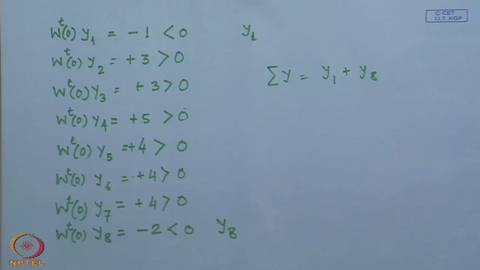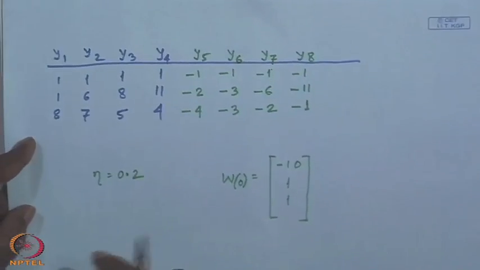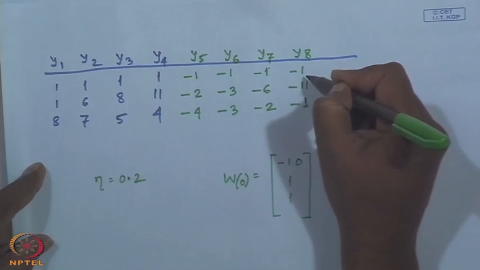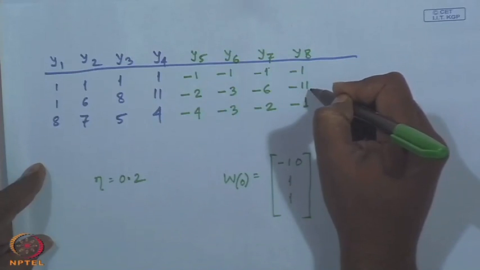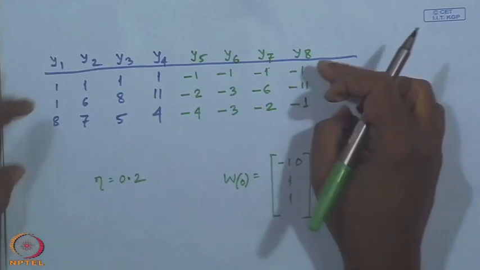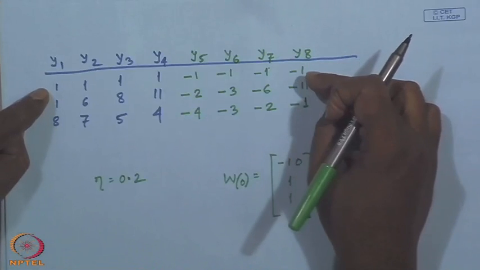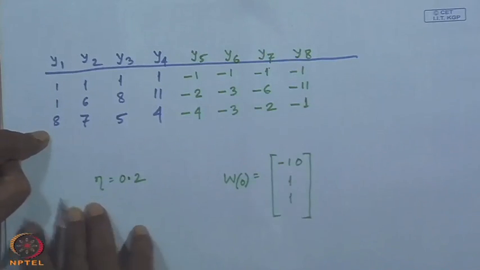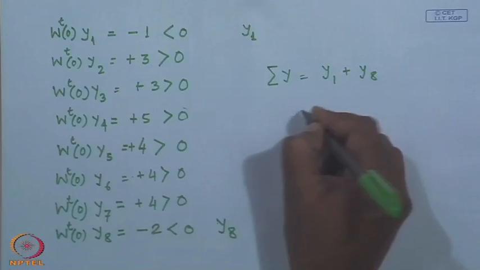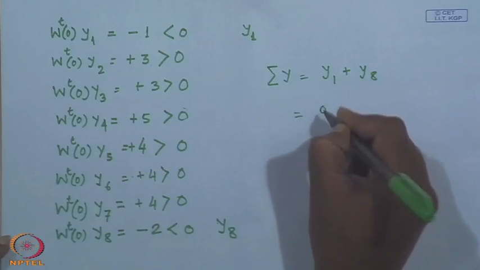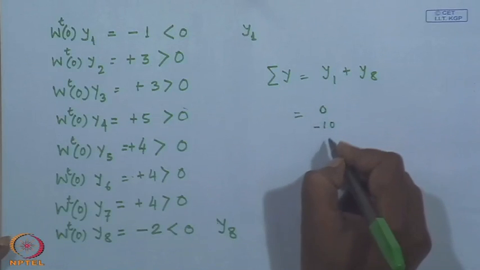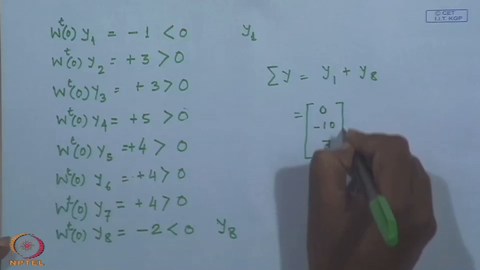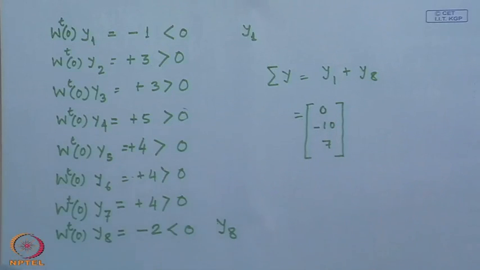Looking at the samples, y 1 is 1 1 8 and y 8 is minus 1 minus 1 minus 1. If I add these two, what I get is 0 minus 10 7. So, the sum of y, which are misclassified, is 0 minus 10 and 7.